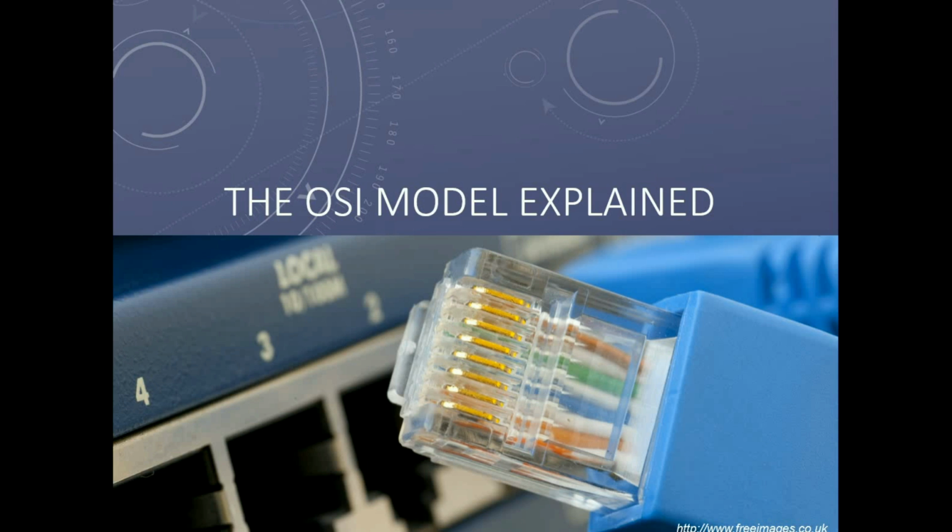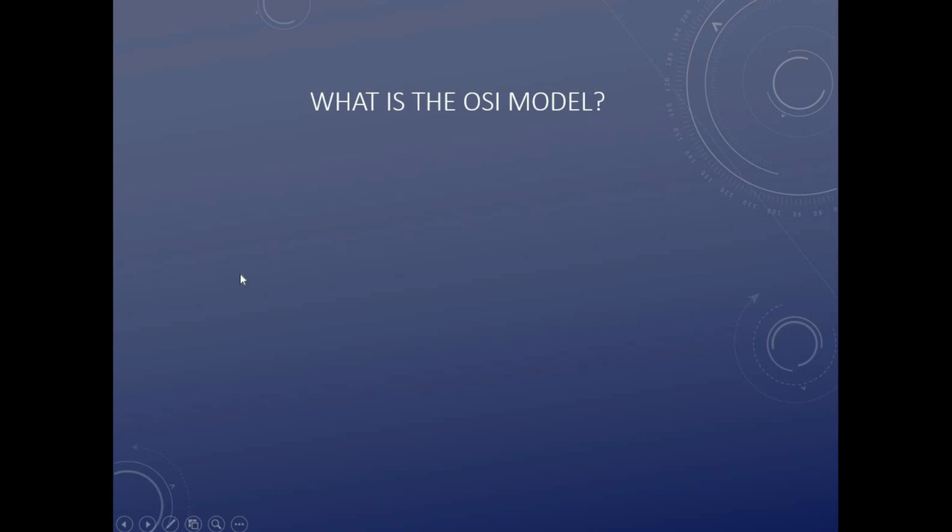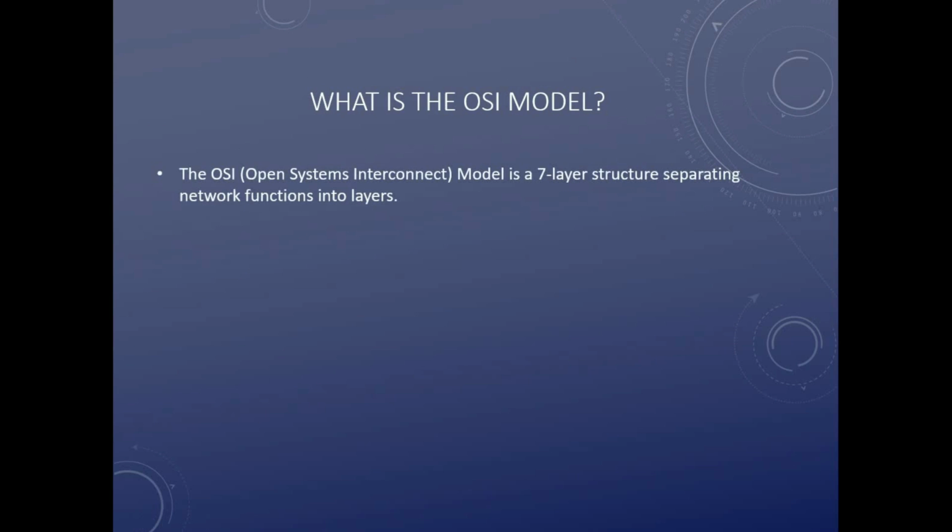If you're going to take the Net Plus test, and even in Security Plus you'll get some questions on what happens on each layer of the OSI model. So we're going to break it down layer by layer and what exactly that layer does. To start, what is the OSI model?